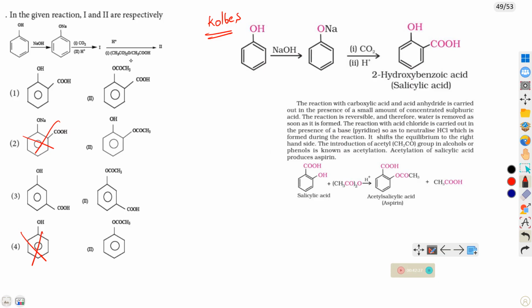And it reacts with acid anhydride. Alcohols react with acid anhydride. The process is called esterification. Esterification gives ester. Here the possible ester is acetyl salicylic acid, aspirin, with COOH and OCOCH3. So the correct answer is the first option.